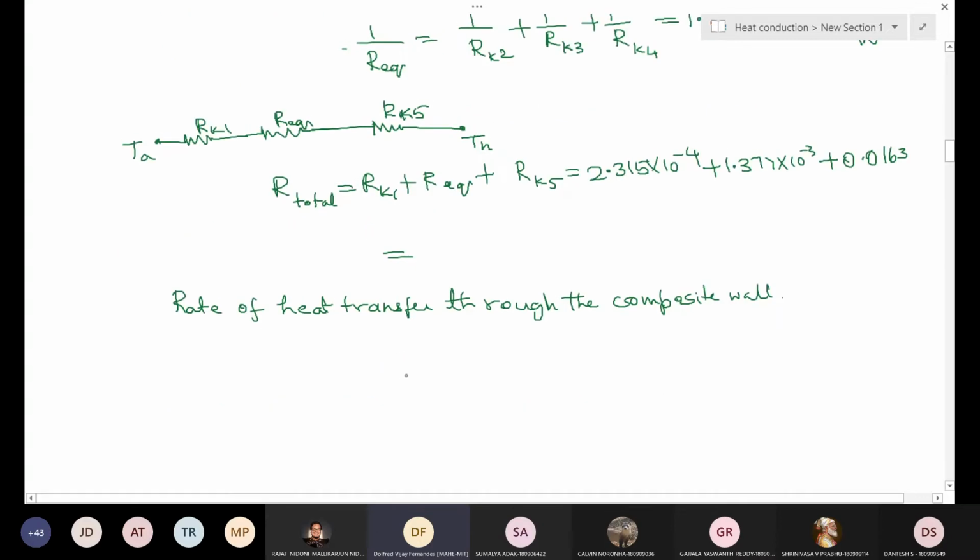So that is Q equal to temperature difference TA minus TH divided by R total. What is the total resistance of the wall? 0.0204.